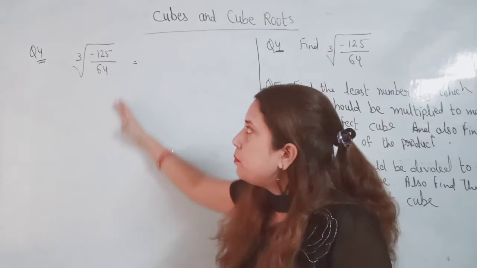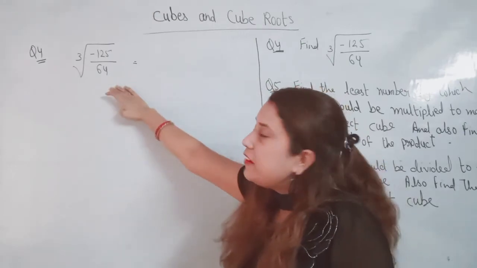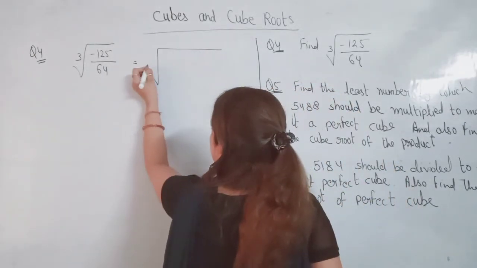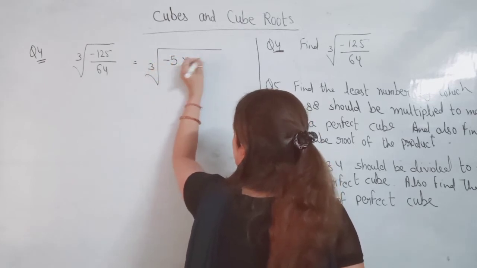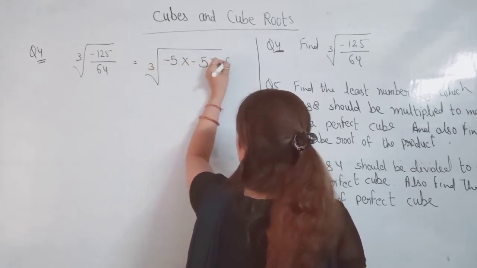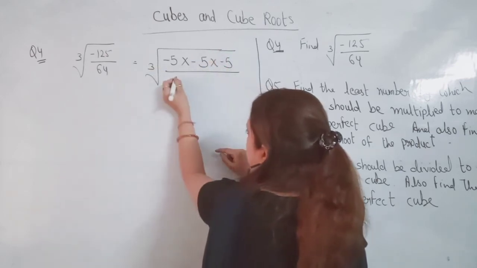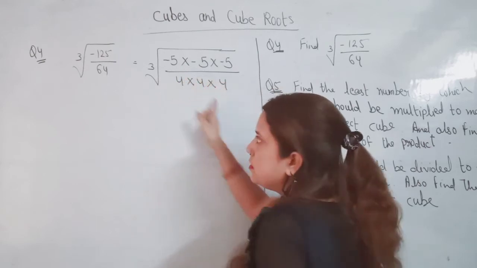Otherwise, first do the prime factorization of 125 and then of 64. First we write it in cube root form: minus 125 is minus 5 into minus 5 into minus 5, upon 64, which is 4 into 4, 16 into 4, 64.